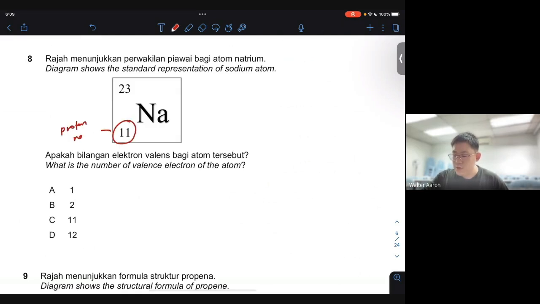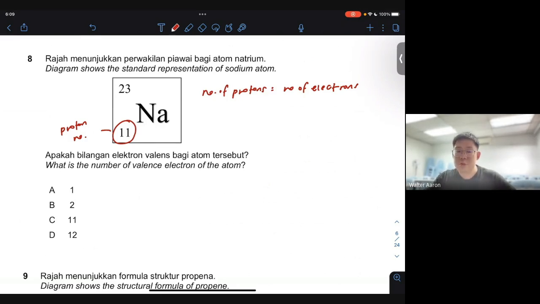So in a neutral atom, the number of protons is equivalent to the number of electrons. Therefore we see here, if sodium has 11 protons, it should also have 11 electrons.